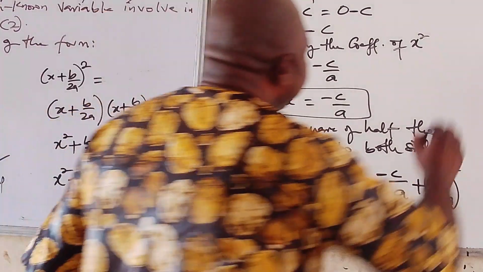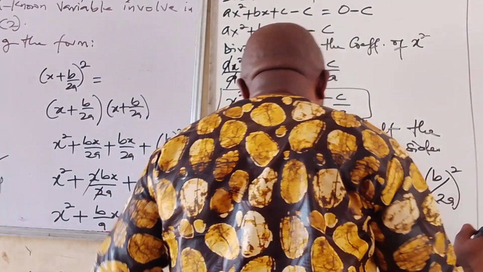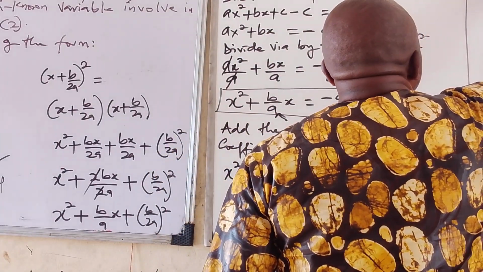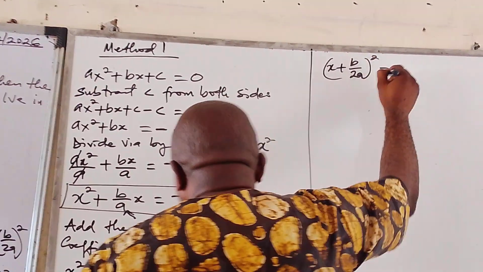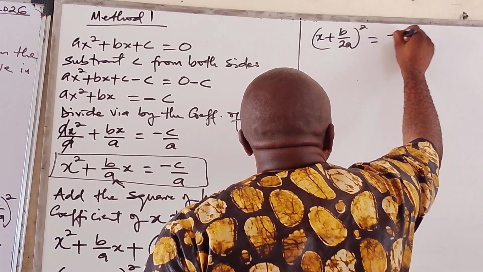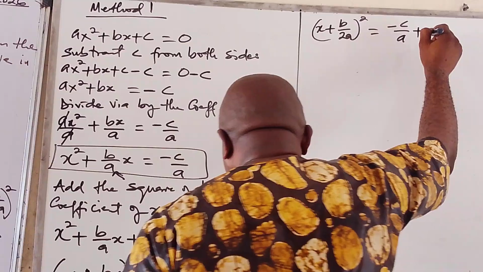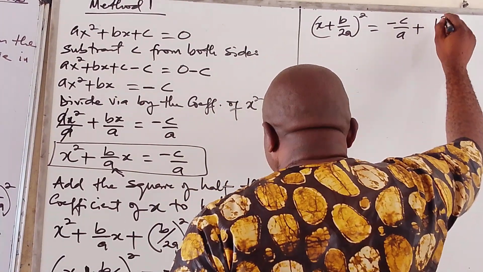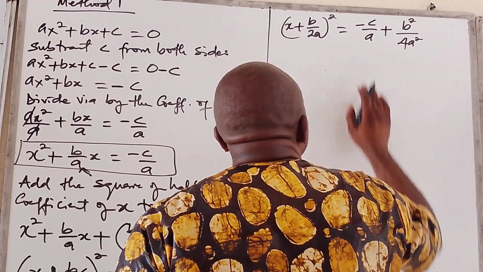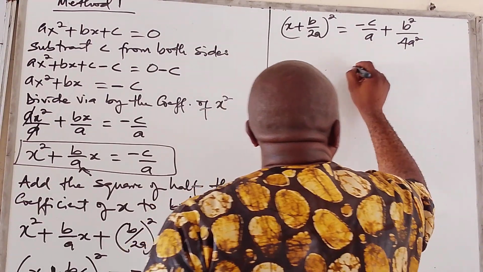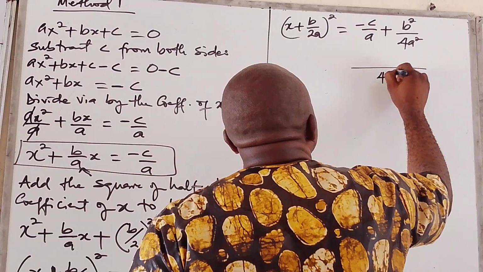Now let's continue from here. (x plus b all over 2a) all squared is equal to minus c all over a plus b squared all over 4a squared. Now the LCM of a and 4a squared is 4a squared.